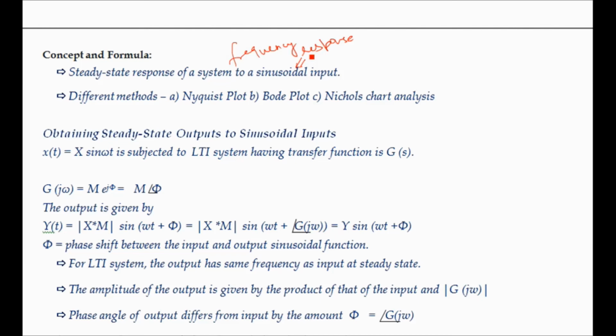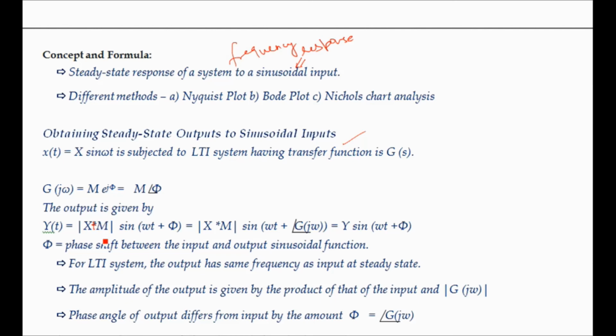Now we have also learned how we get the steady state output to a sinusoidal input. If the input is X sine omega t and it is applied to an LTI system having transfer function G(s), then the output is given by y(t) equal to X into M. It's a multiplication, not convolution.